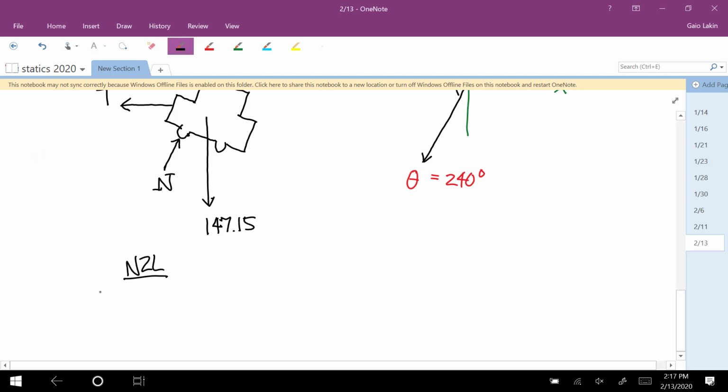And Newton's second law says 0, negative 147.15, plus n times cosine and sine of 60. So that's 0.5n, 0.866n.